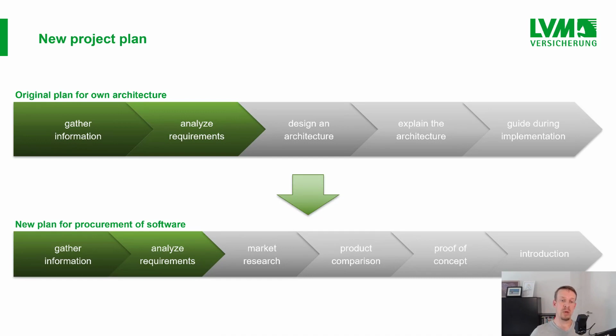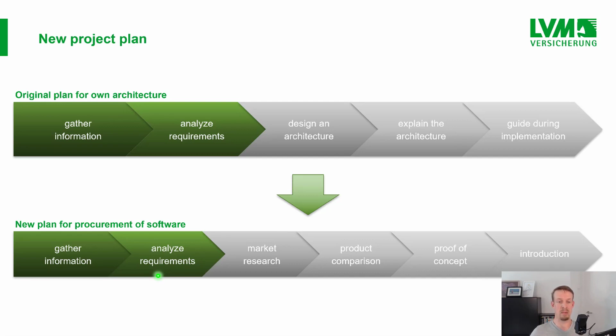With that, we changed our plans away from a known architecture to the procurement of a test data management software. The plan looked as follows. We gathered information and analyzed requirements. That was already done when I convinced the management.